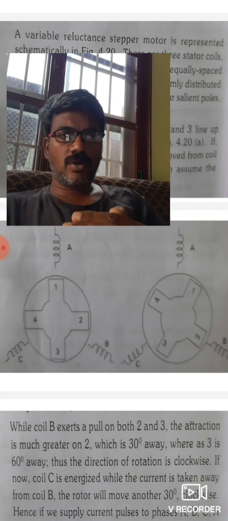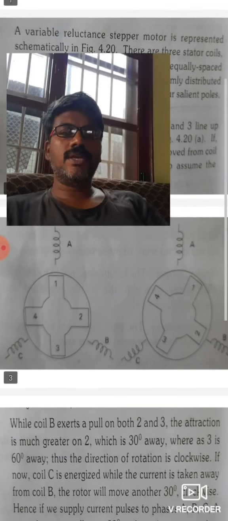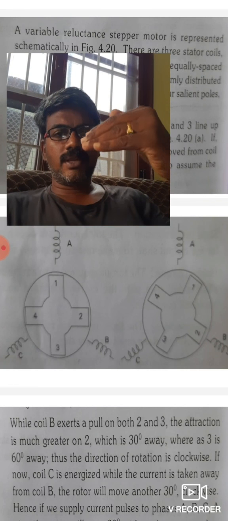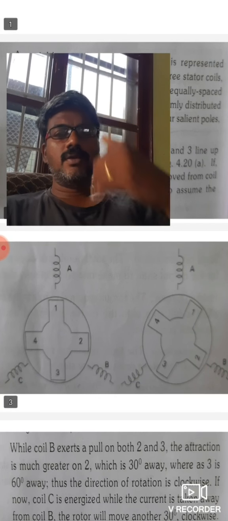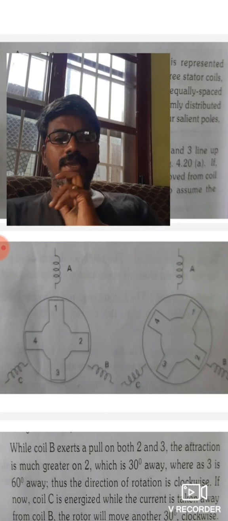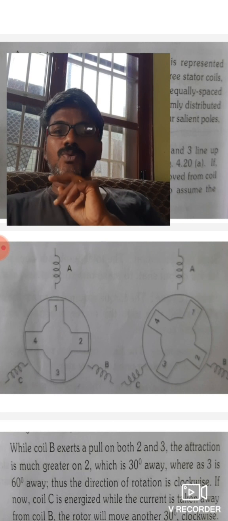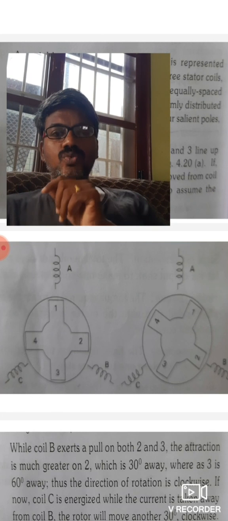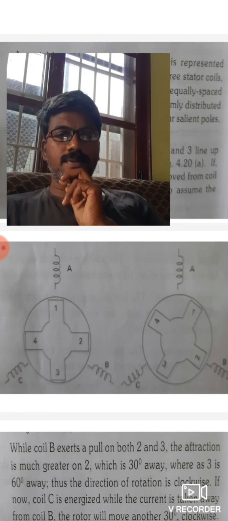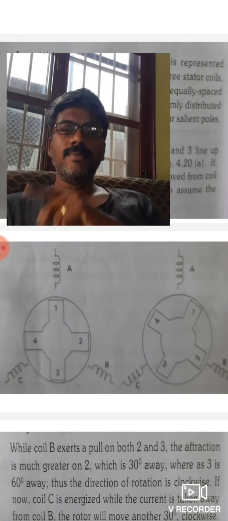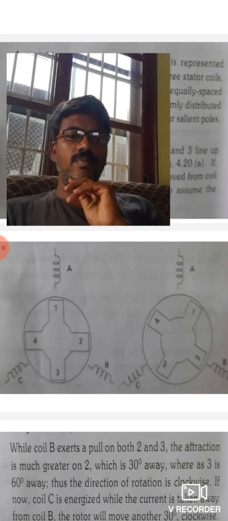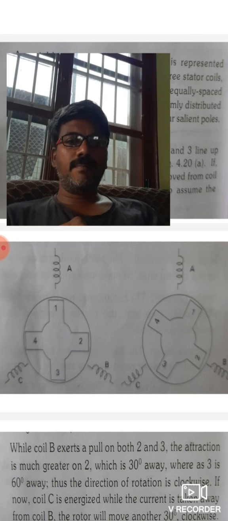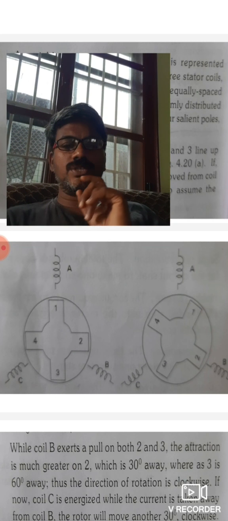After excitation of the B coil, you have to remove the excitation of A. Tell me which pole will be attracted by the B winding, 2 or 3? Generally 2. Why? Because 2 is very near to B when compared to 3.